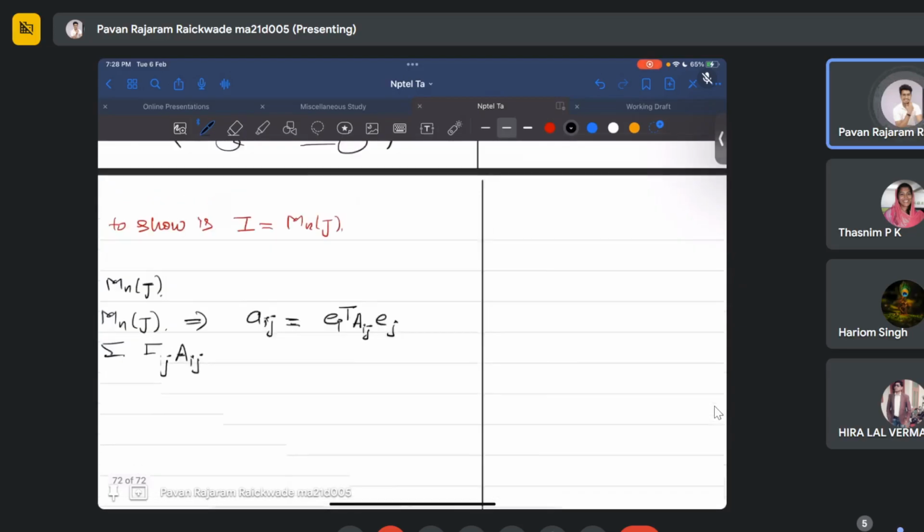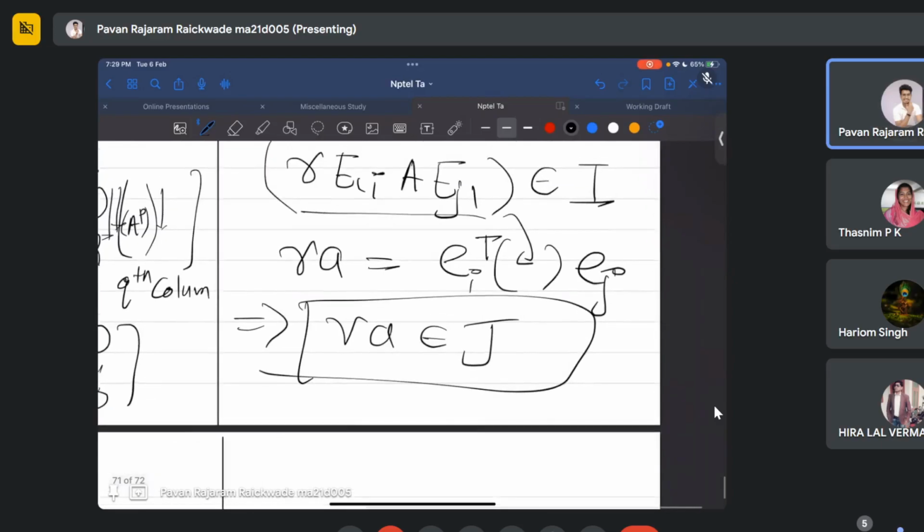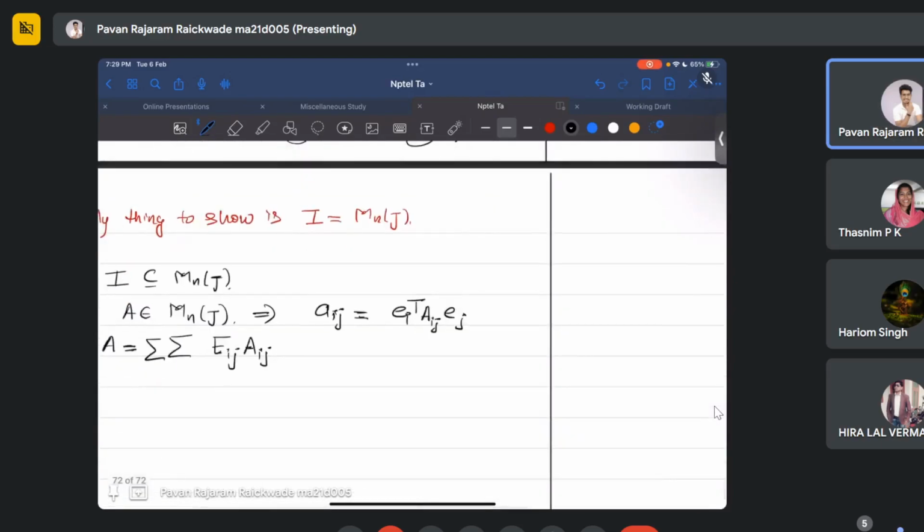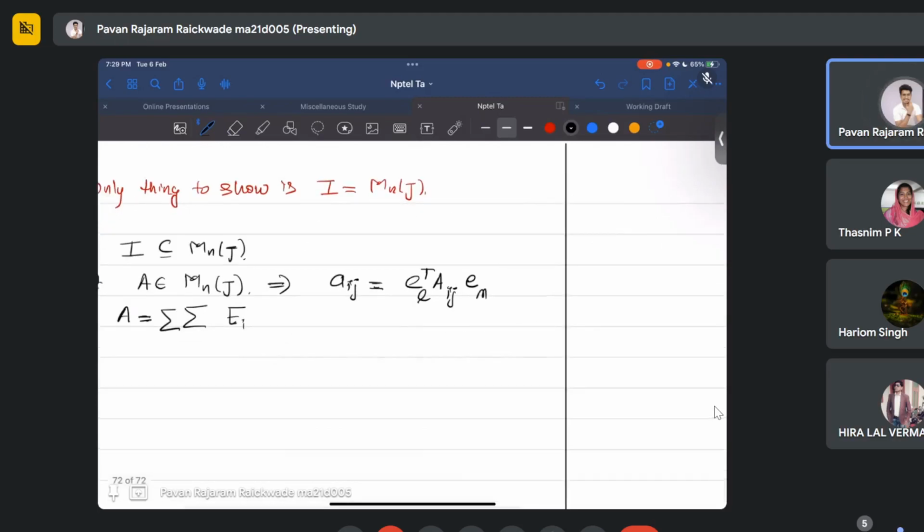It is the ijth entry, right? This is E_l transpose from matrix A_ij and then E_lm.